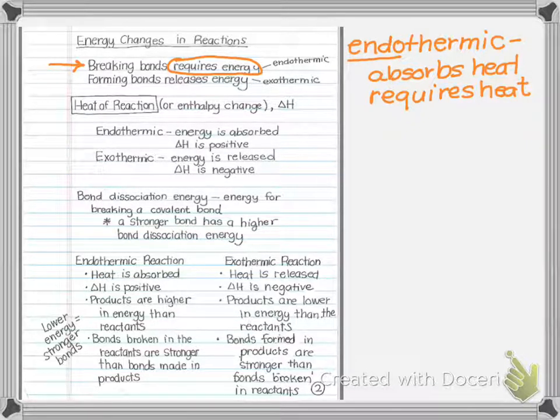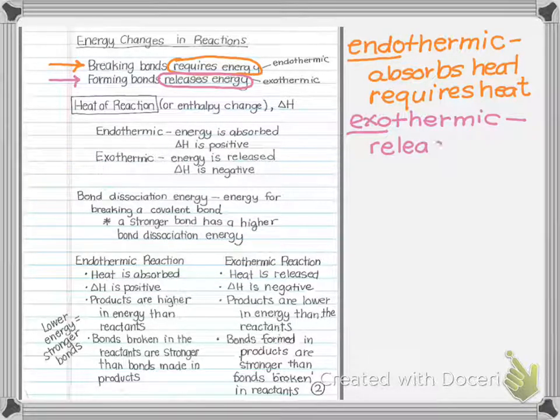Now forming a bond, so making a bond, releases energy. And the process of releasing energy is called exothermic. I think of exo as exiting, and when something's exothermic, it releases heat.